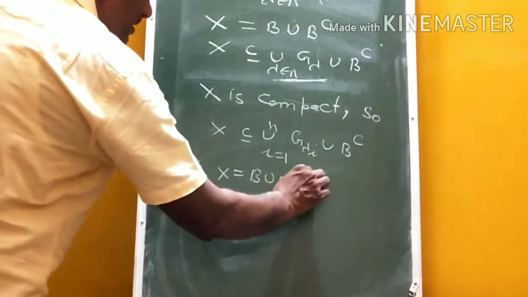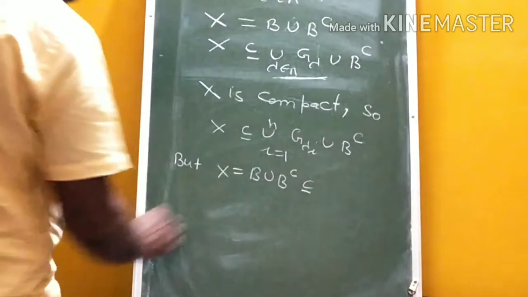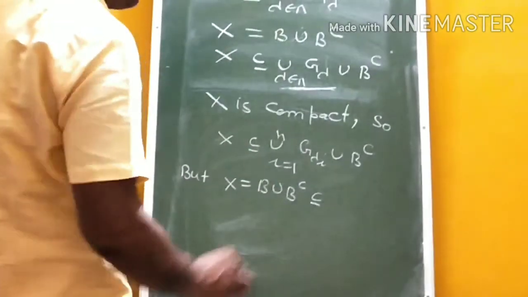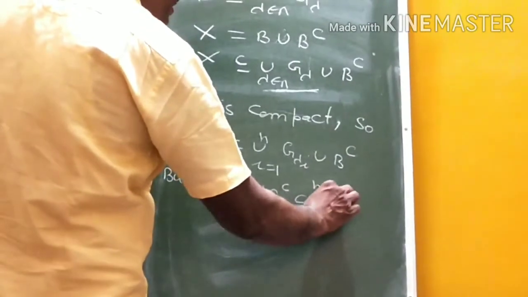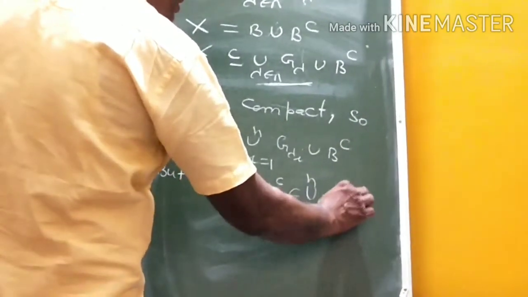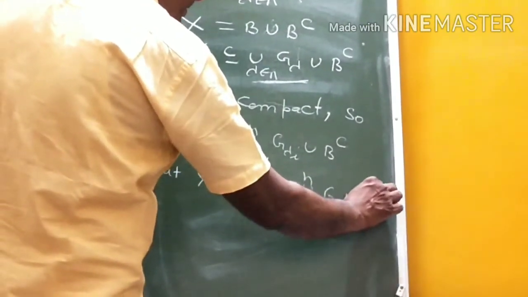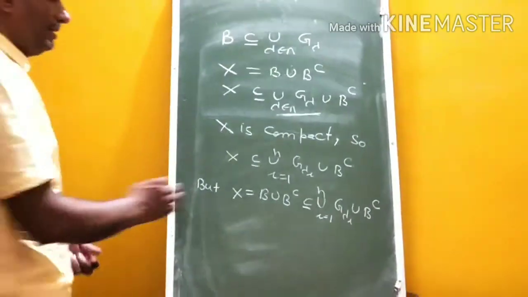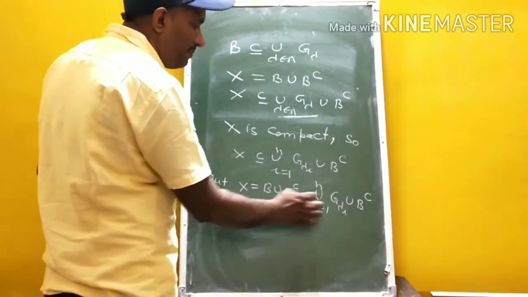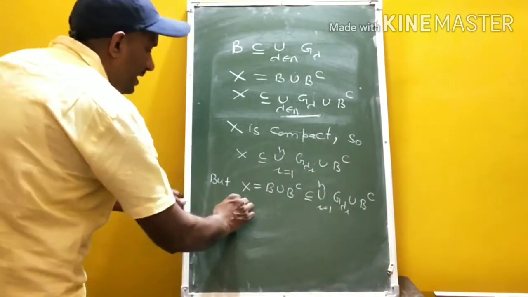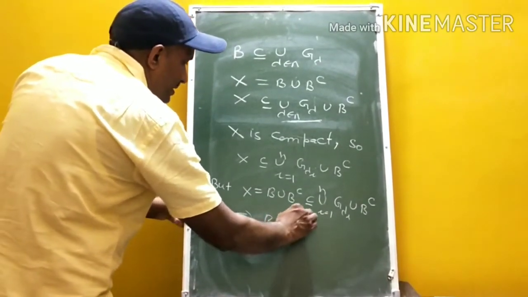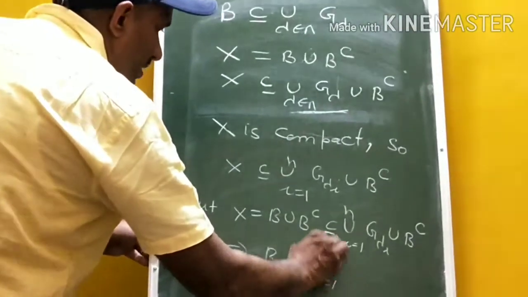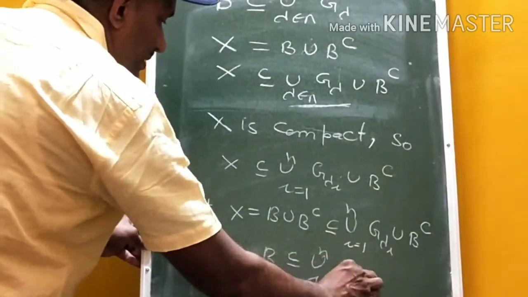So B union B complement is contained in the union over i equals 1 to n of G lambda i union B complement. Now from here we observe this is B complement, here B complement. From here we observe B is contained in the union over i equals 1 to n of G lambda i.